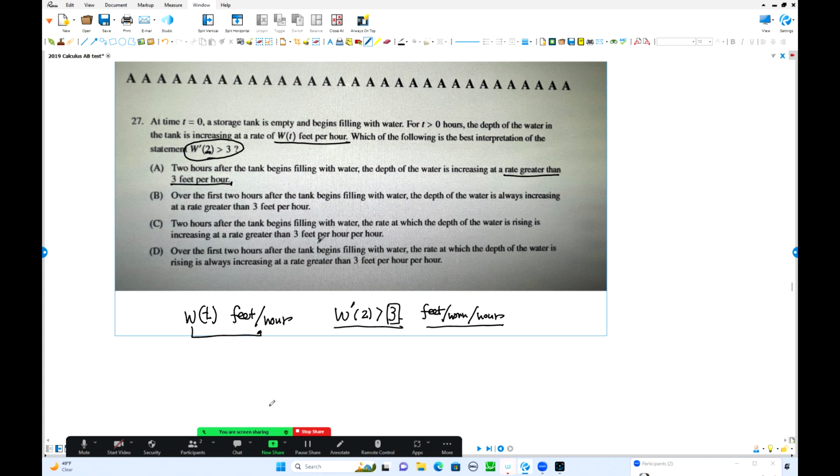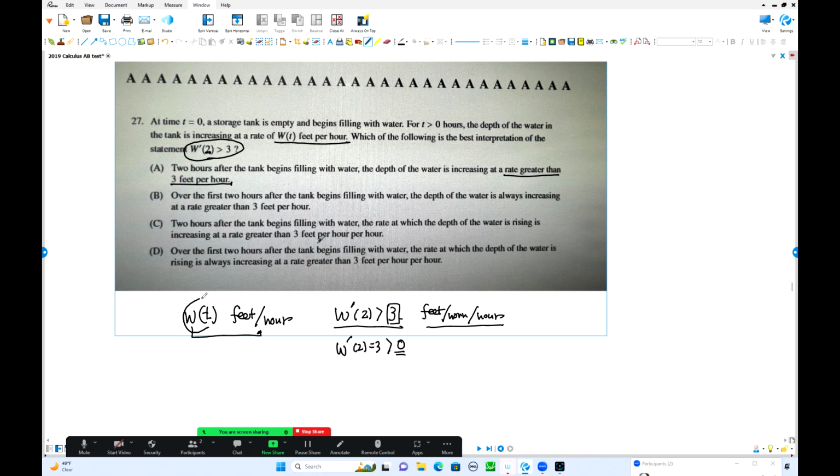It's different, okay? The second one: over the first 2 hours after the tank begins filling with water, the depth of water is always increasing at a rate greater than... Because this is positive. We just finished, W prime of 2 equals 3, positive.